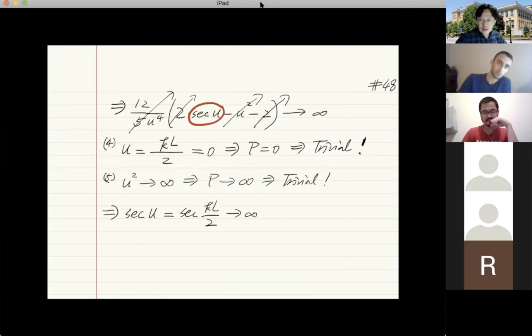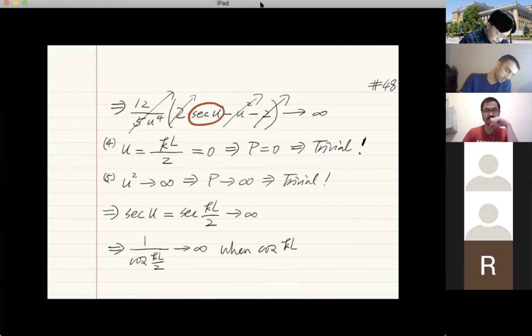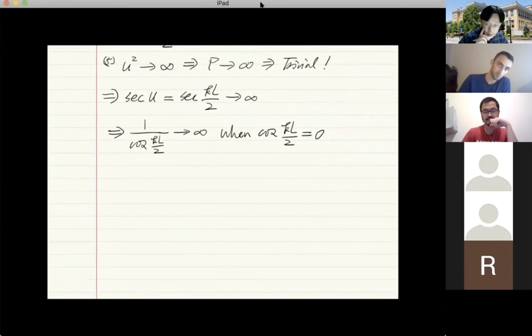The answer is yes, because second is 1 over cosine, right? That means 1 over cosine K over 2. Can this be approached to infinity? This can be approached to infinity when cosine K over 2 is 0. Now, what makes cosine K over 2 to be 0?